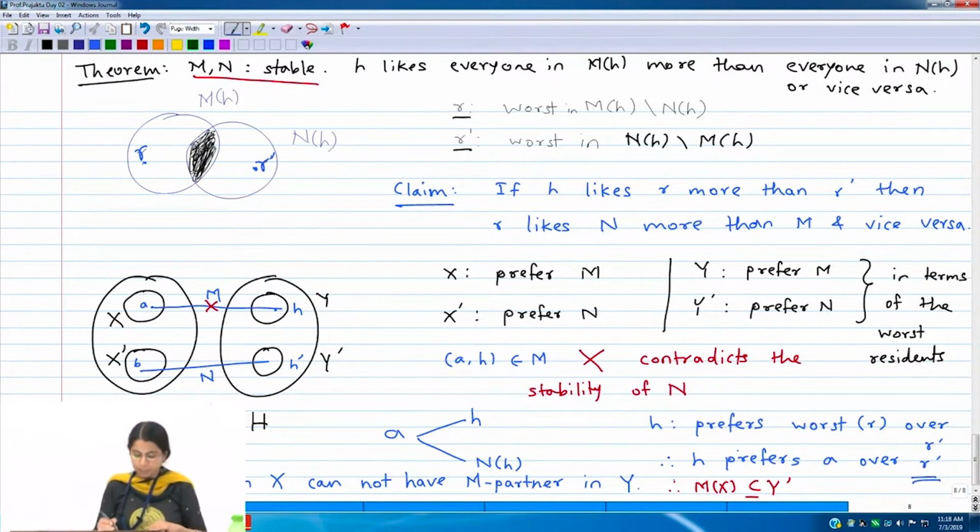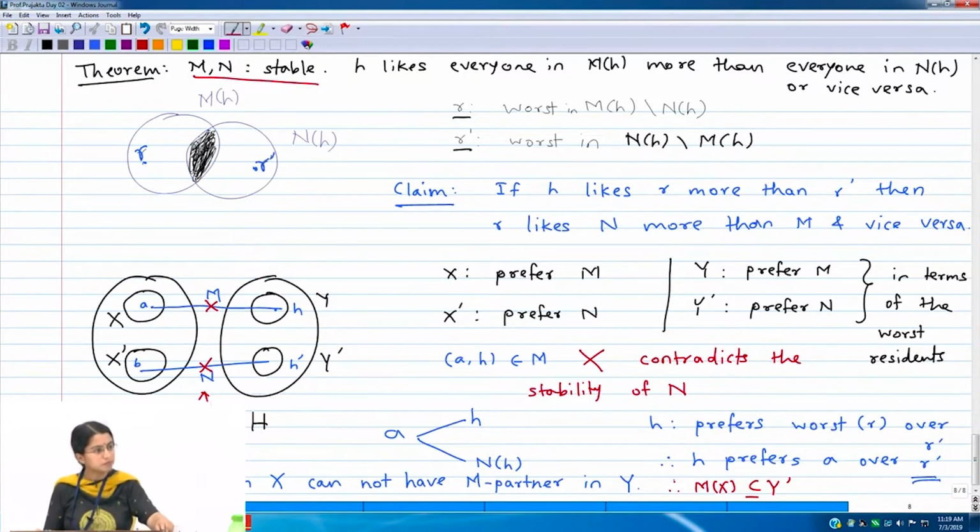Symmetrically, if B in X prime has an N partner in Y prime, then this pair will block M. So this cannot happen because this blocks M. The blocking pairs are a little difficult to see, but that is why we define preferences in terms of the worst partners, because the worst ones can always be thrown out.